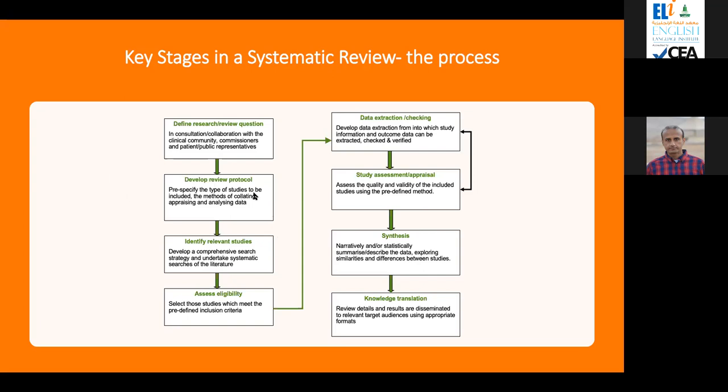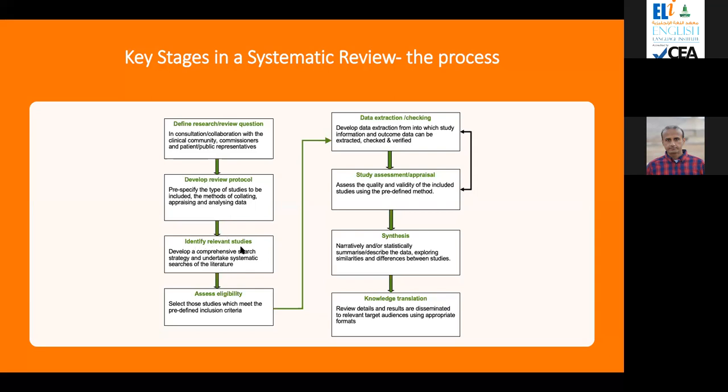Then the type of studies included: qualitative studies, quantitative, what would be our focus, and what type of methods we are interested in. Sometimes we specify studies with reference to methods also. Along with that, the analysis of the data can also be a determining factor in our particular protocol. So this is a very crucial point.